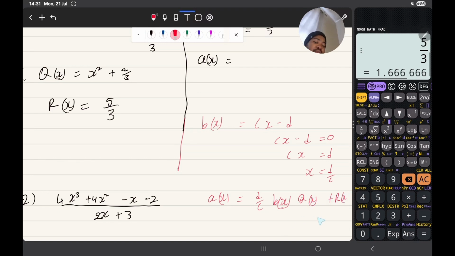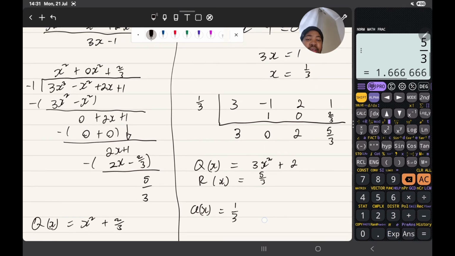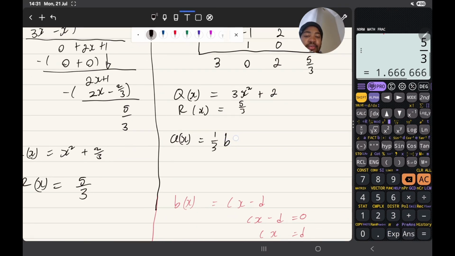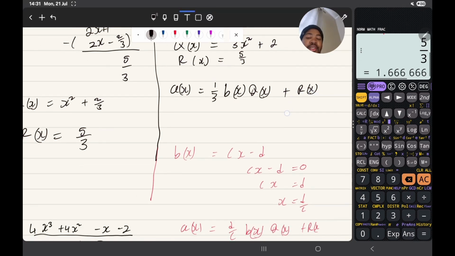This is how you do it. So we're going to have 1 over 3, then q of x plus your remainder. Let's do that.